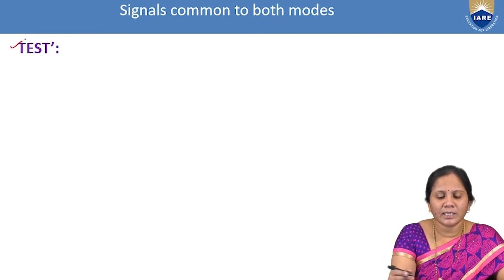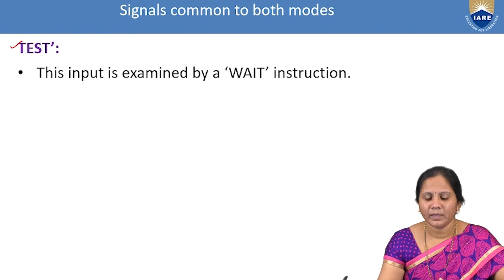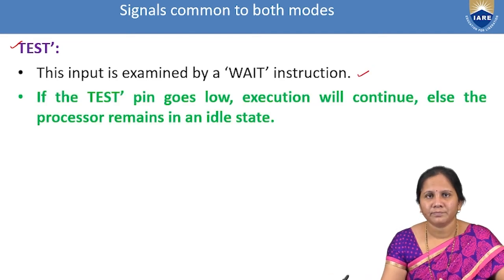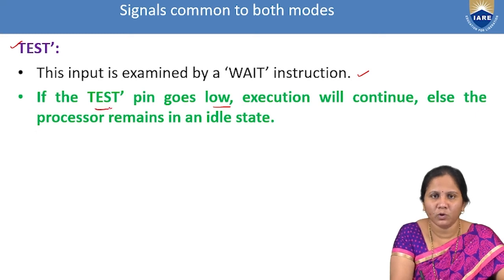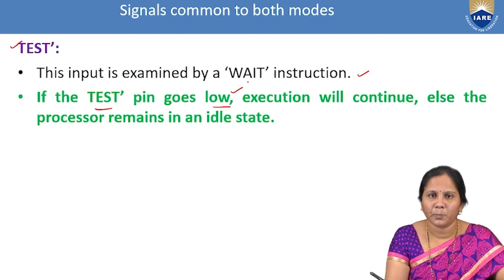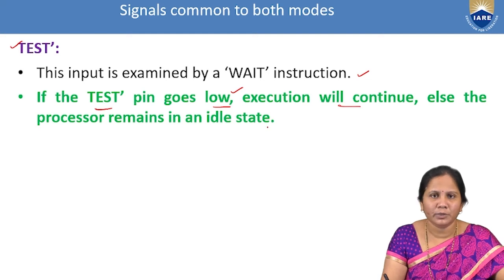The next common mode signal is the test bar signal. This test bar signal is an active low signal. Here the input is examined by executing the wait instruction. For example, if the test pin goes low, the execution will continue.